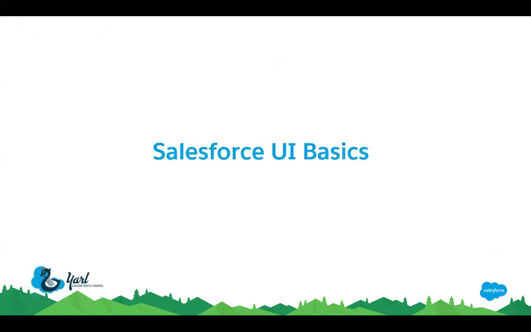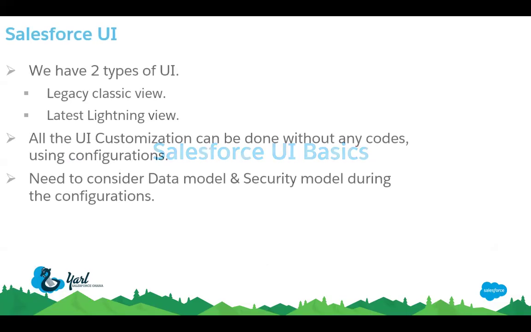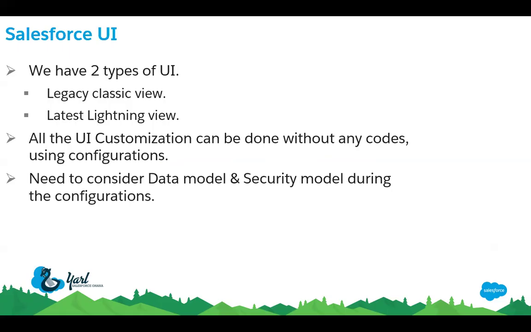Okay. Then we have to discuss about the UI, which is Salesforce UI basics. There are two types of UIs. We are on time, but let's close with this. There are two types of UIs. One is the legacy classic UI.